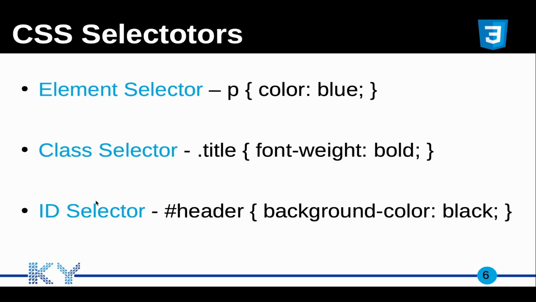Then the ID selector works much like the class selector. It's the same process. The only difference is that an ID is supposed to be unique, so it should only be used once. And I talked about ID earlier in my HTML course.